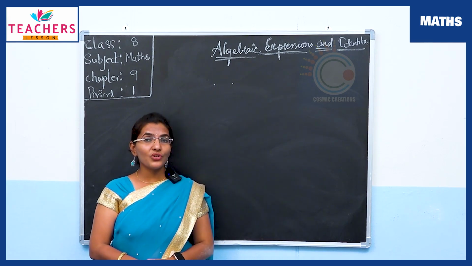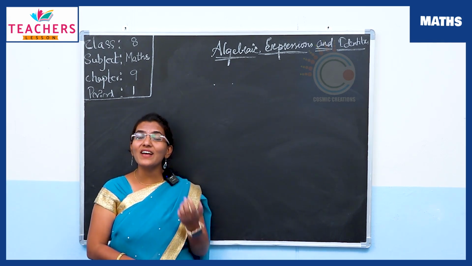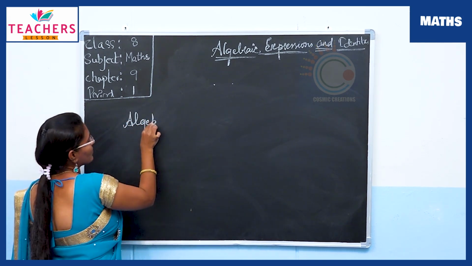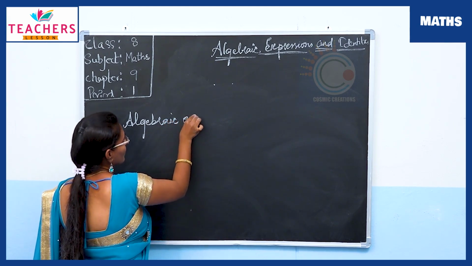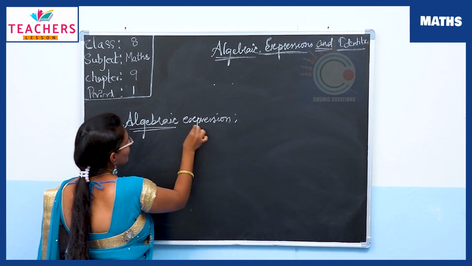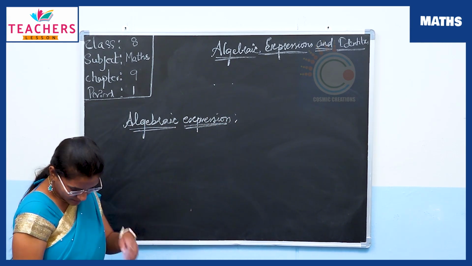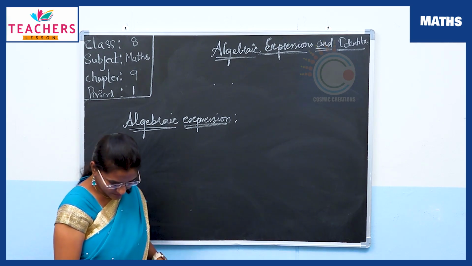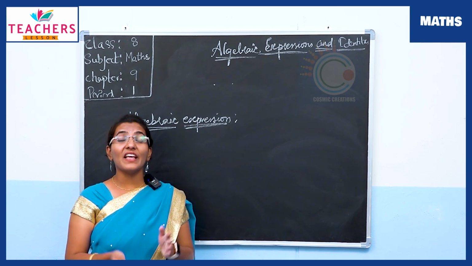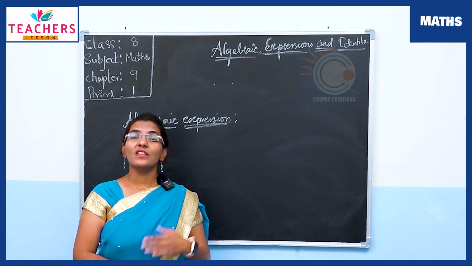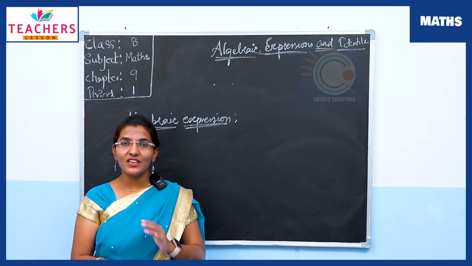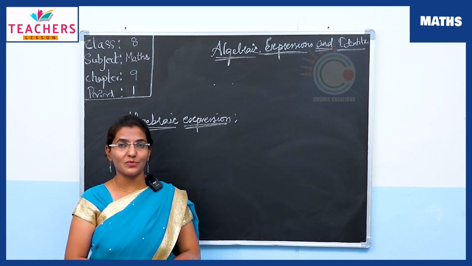So now you know what an expression is. Now what is an algebraic expression, students? An algebraic expression is an expression which consists of terms, variables, or both terms and variables.